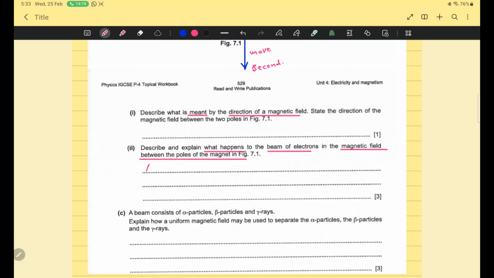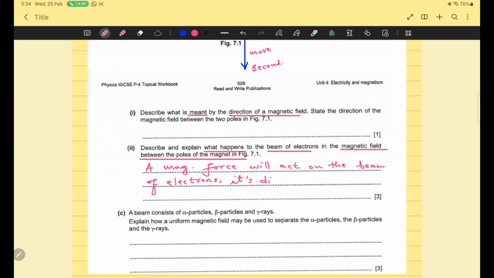A magnetic force will act on the beam of electrons.